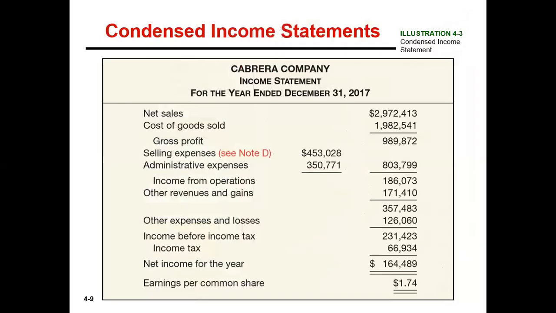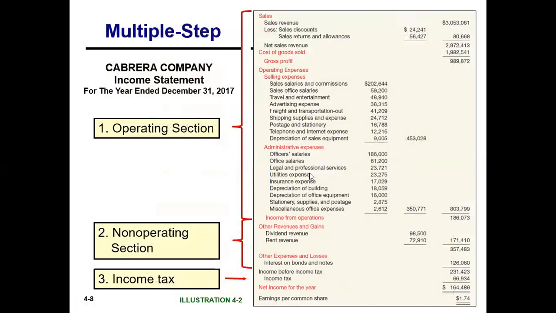All right. So here's a condensed income statement. Again, pay attention to these selling expenses. So remember, selling expenses 453,028, admin expenses 350,771. If we go back, that's our selling expenses here, 453,028, admin expenses 350,771. We've just condensed them.